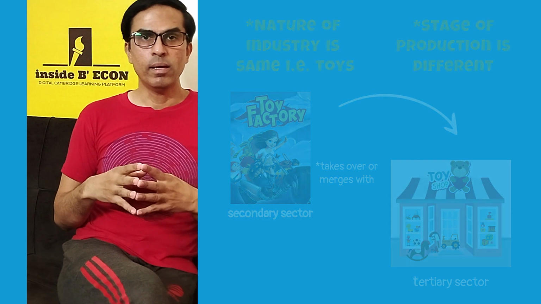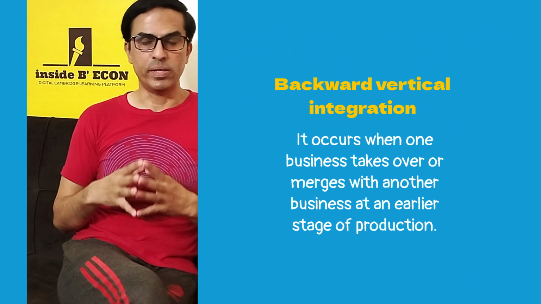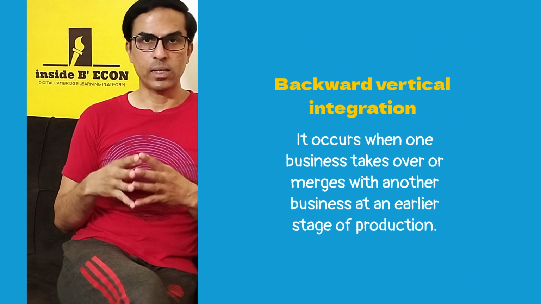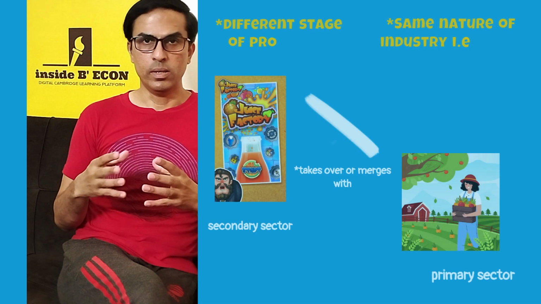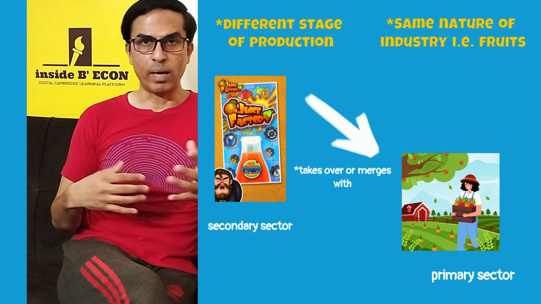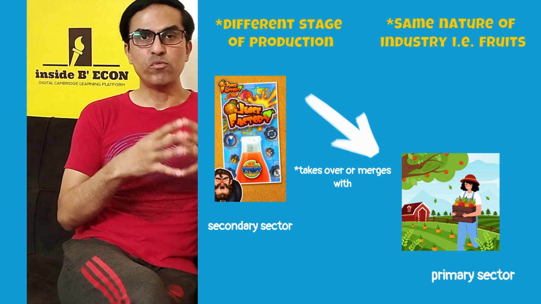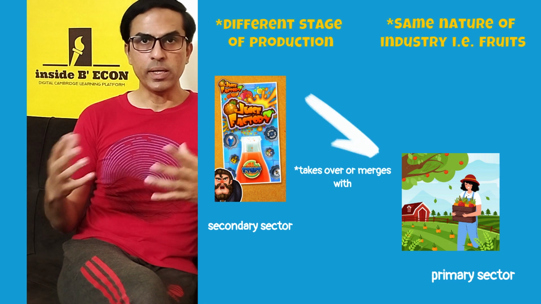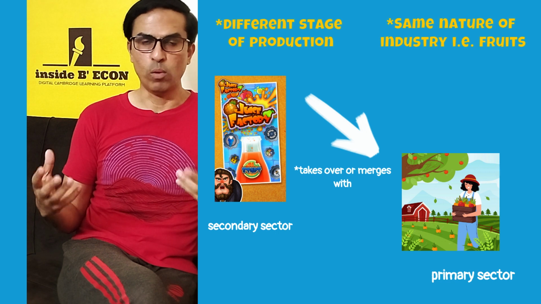Similarly, there is another concept related to vertical integration, that is backward vertical integration, and that occurs when one business merges or takes over another business at an earlier stage of production. So for example, a juice factory, where fruits are processed to make juice, takes over a fruit farm. Now both deal in the same goods, let's say fruit or mangoes or oranges, whatever it is.